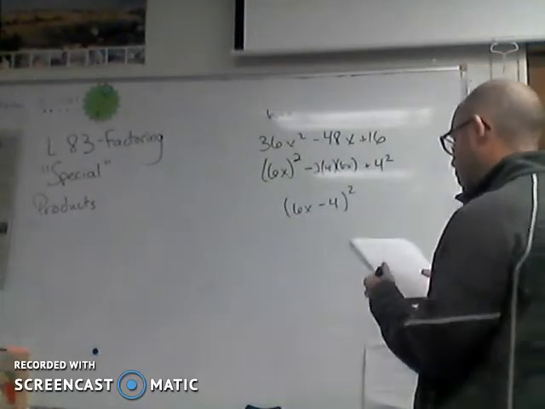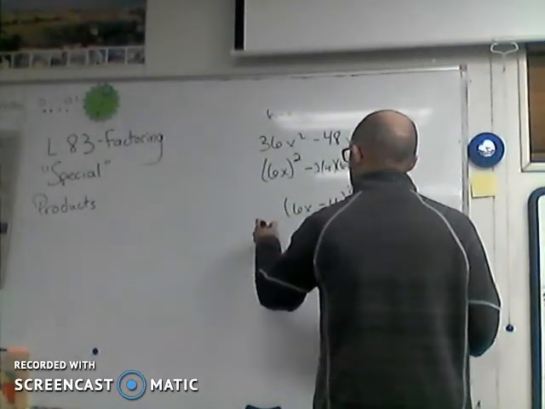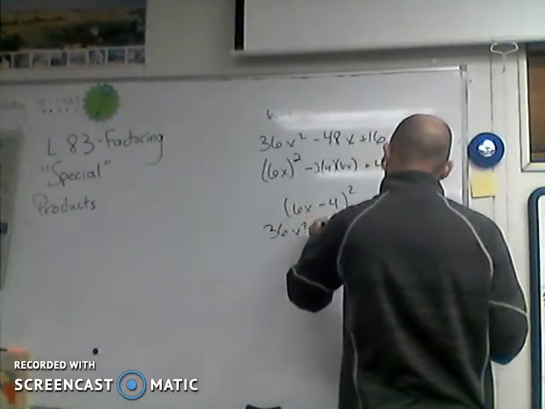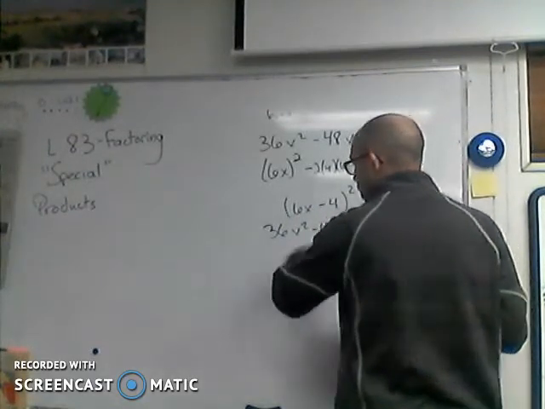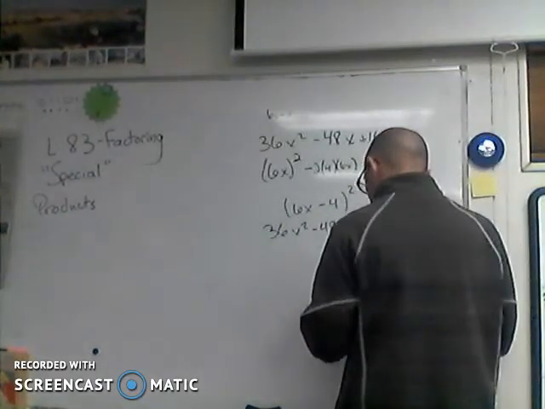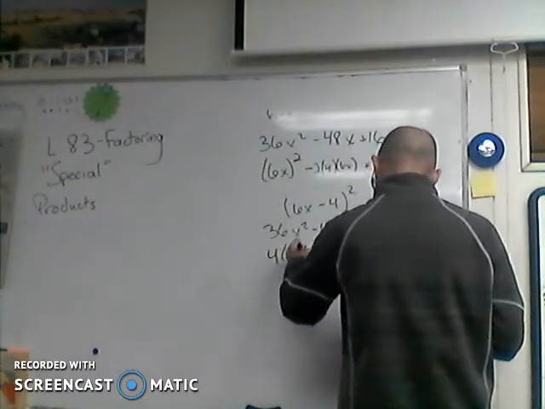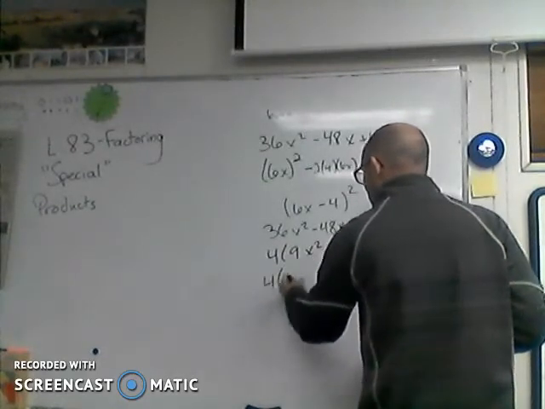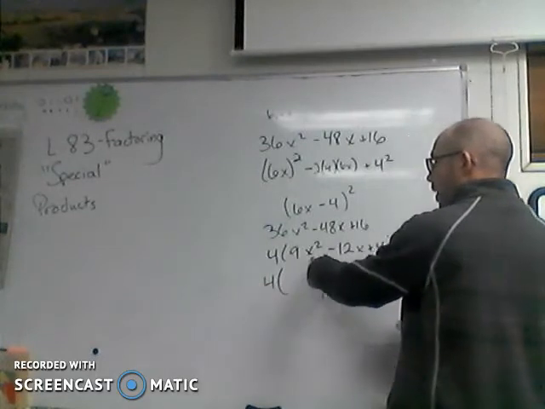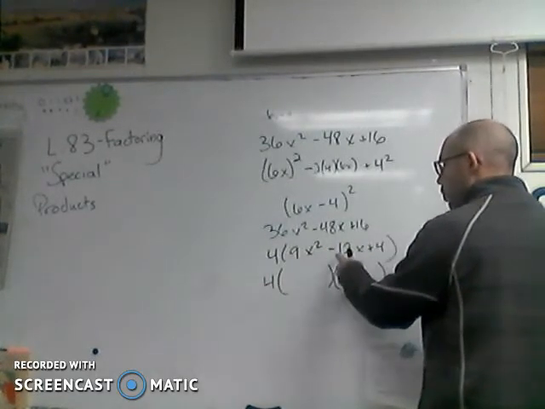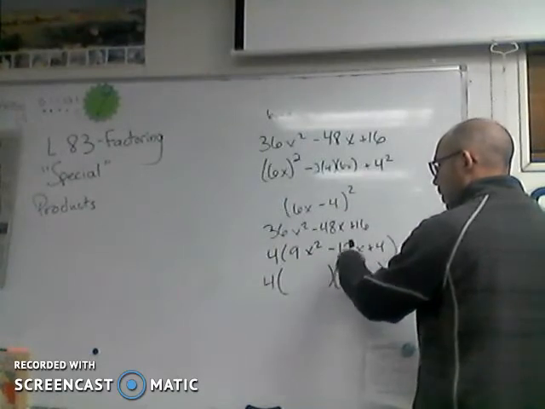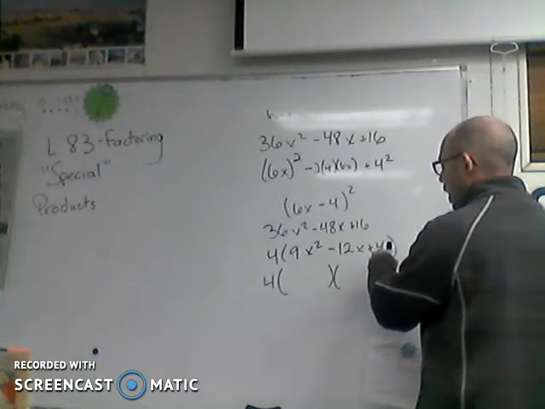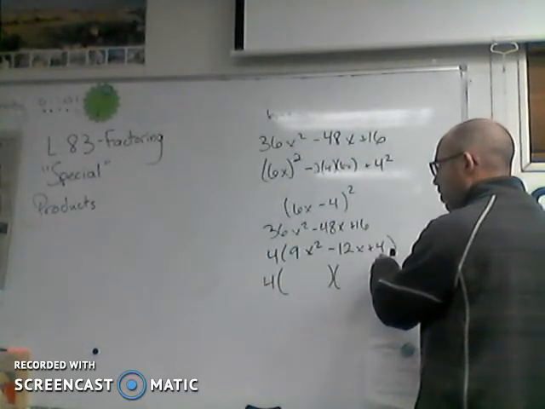Let me show the other one before we run out of time and I have to do another one. Same problem, 36x squared minus 48x plus 16. And notice that all these are divisible by 4. So if I do that, I get a simpler problem that I can then go ahead and factor, because there's 3x, there's negative 2 times 3x times 4, that makes the 12, and then I get, or sorry, 2 times 2 times 3x, and I get a perfect square over here, 2 squared.